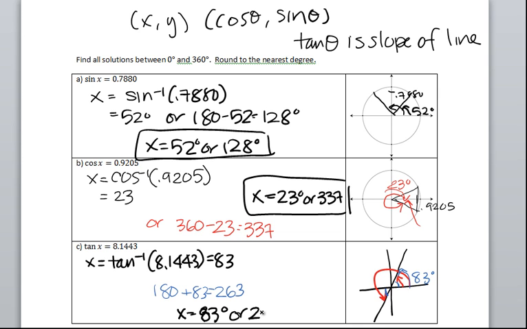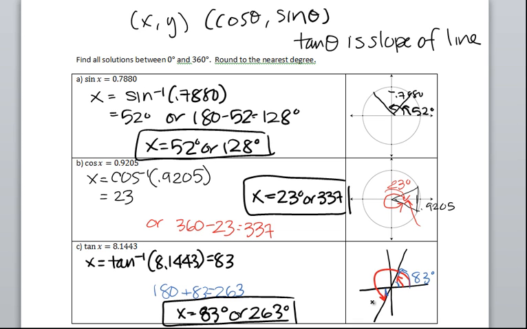Okay. So here's what I want you to take away from this. Sine is a y value. So when you're solving for sine or taking inverse sine, you should have a picture like this. Cosine is an x value, and that's going to help you find your second angle, and tangent is slope.